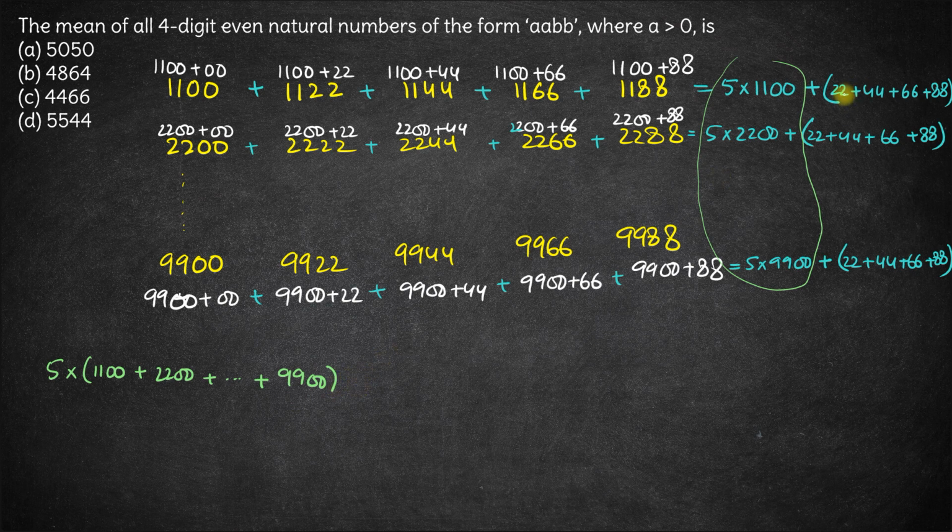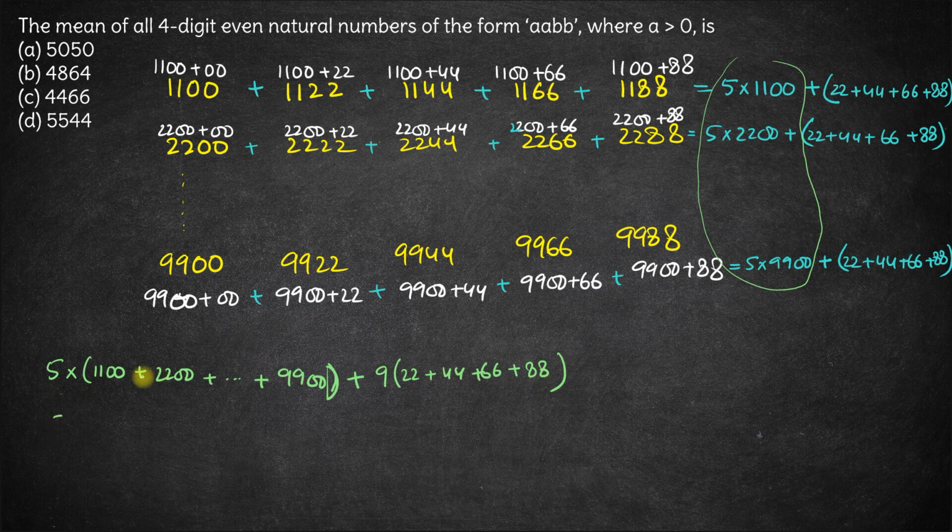Plus now you have 22. This term is same in each of these rows. How many rows do we have? We have 9 rows. So this sum will get added 9 times. So we'll have 9 times 22 plus 44 plus 66 plus 88. Okay. Now let's add all this.